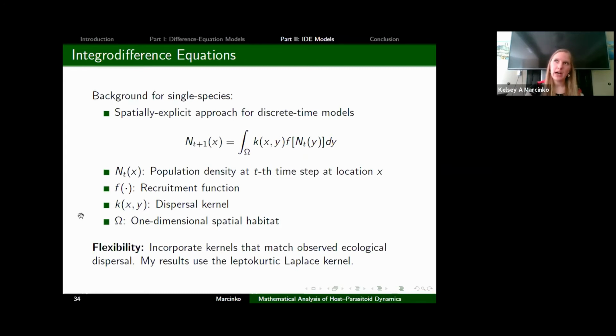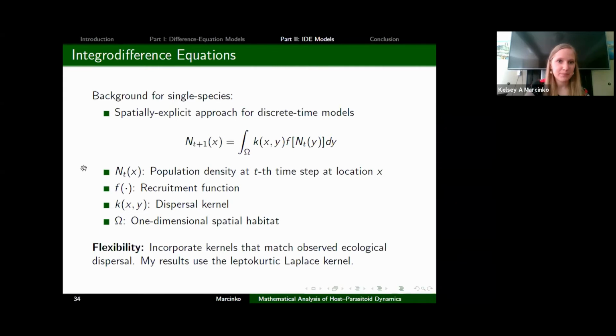It's not the perfect match for population dispersal, but it is more realistic than assuming a Gaussian dispersal. So it is used in modeling dispersal, and it also has some nice mathematical properties that make it a worthwhile kernel to use.